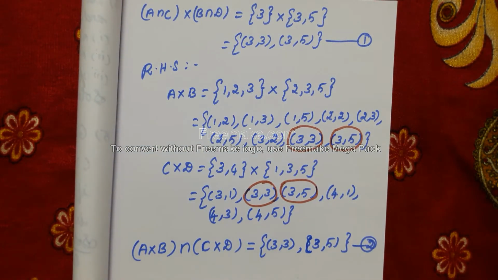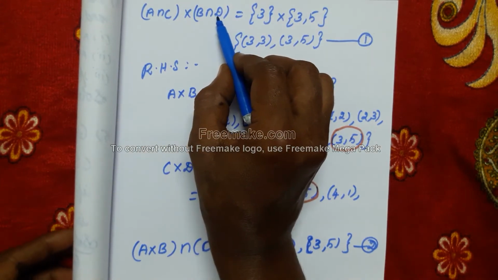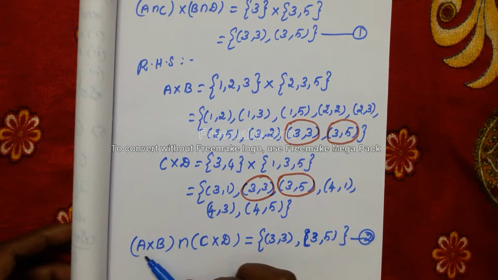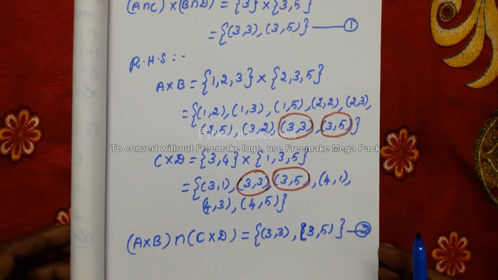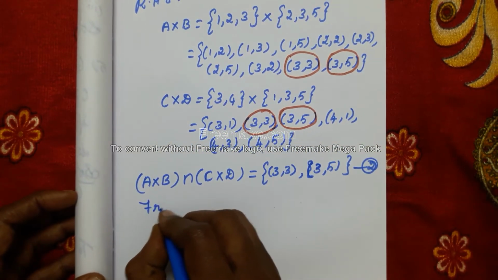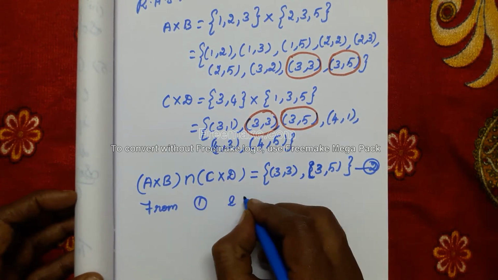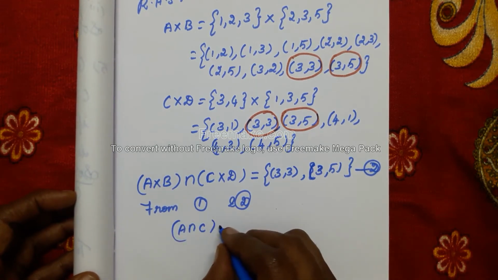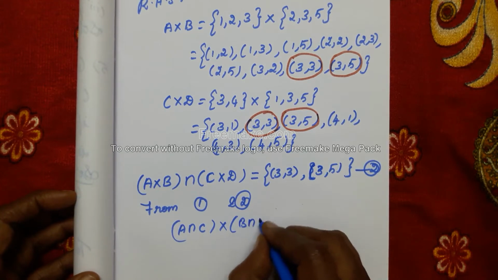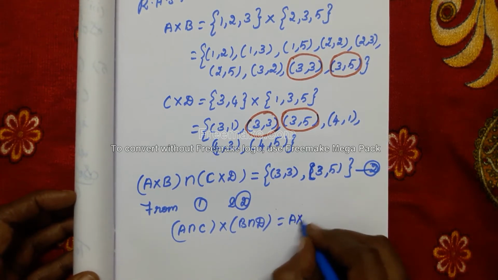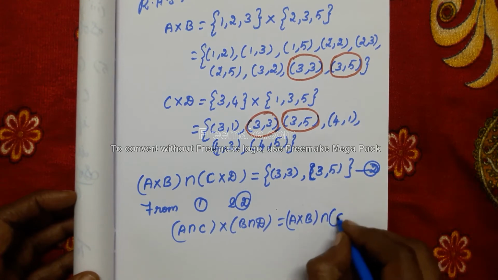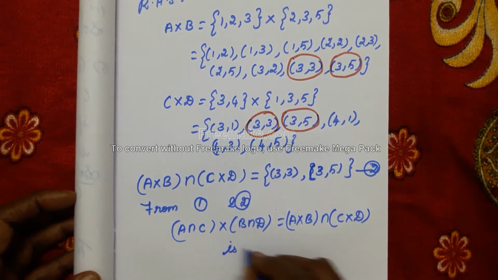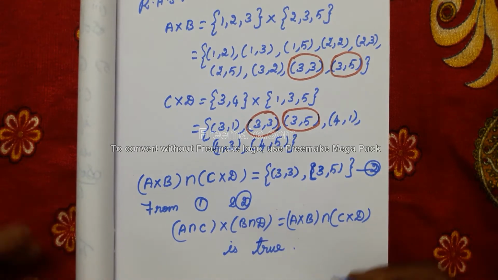From 1 and 2, A intersection C cross B intersection D is equal to A cross B intersection C cross D. This is true. Have you all understood this? Any doubt? Okay. The sixth problem you have to do as homework.